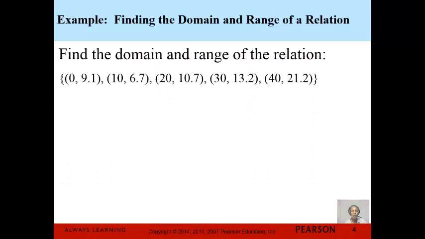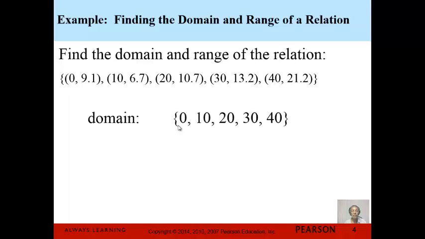Here's a relation, a set of 5 ordered pairs. The ordered pairs are grouped together in parentheses, and the pairs of numbers are separated by commas. The domain consists of the set that has all the first elements in it.